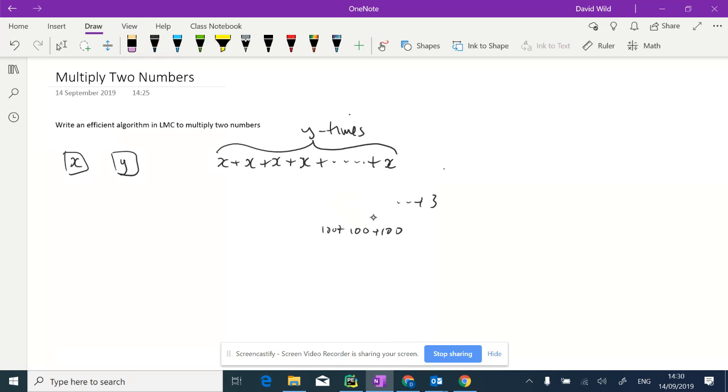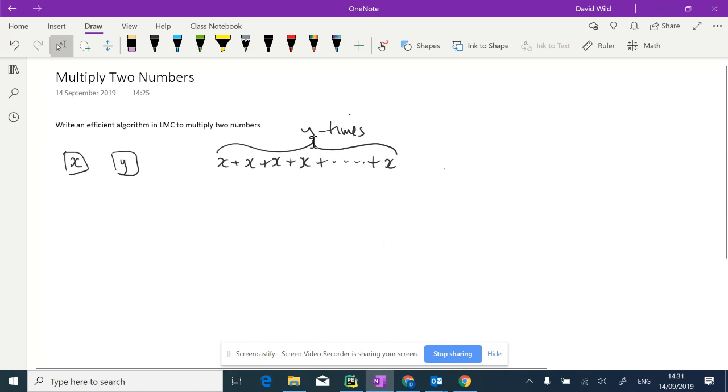Okay, so in order to do that, these are our two numbers. We don't know when we're inputting our two numbers which is the larger. But let's say we always calculate this so that we're always going to be calculating this particular calculation.